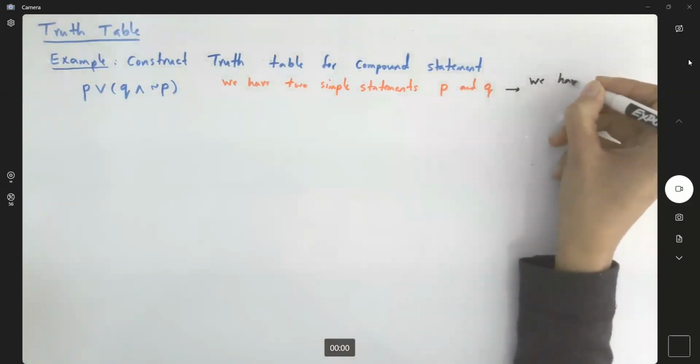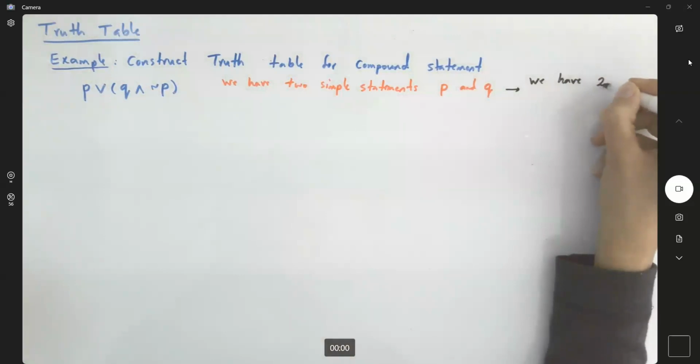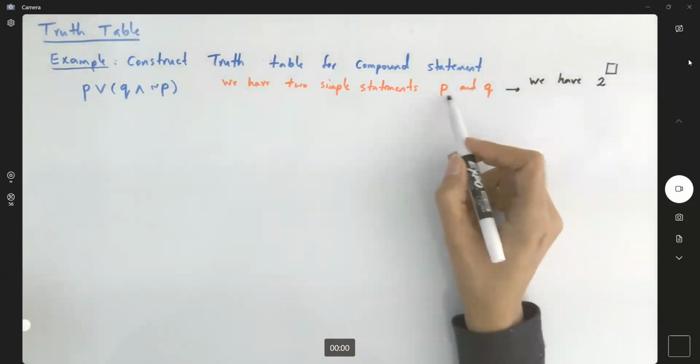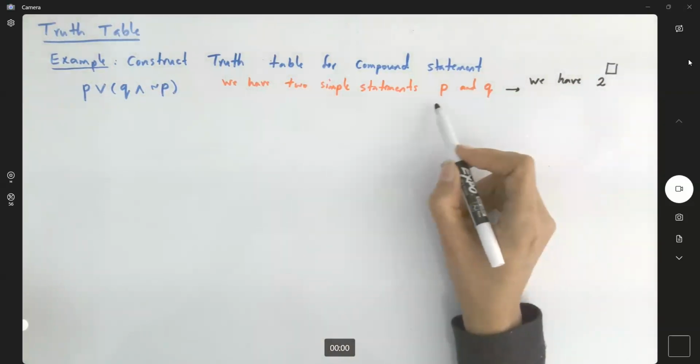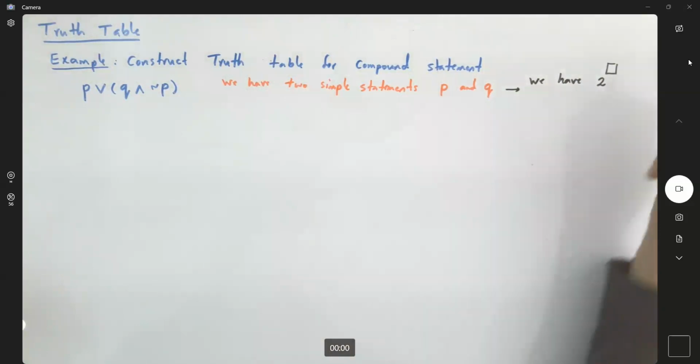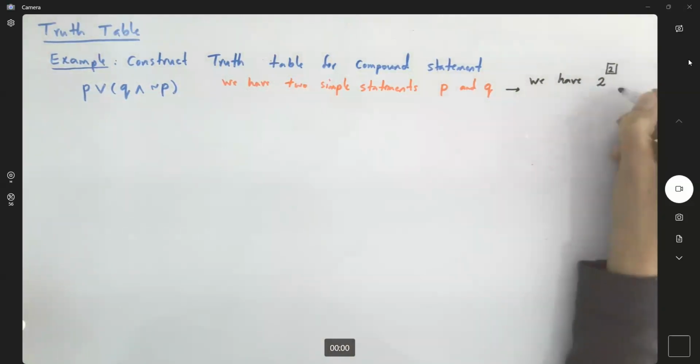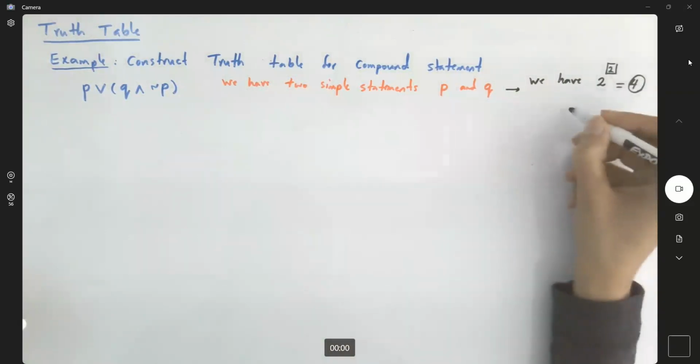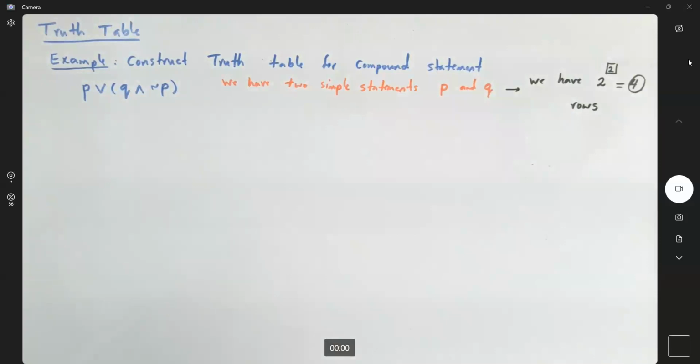We have 2. This number is fixed, and on the exponent, you're going to count the number of simple statements. 2 times 2, which is 4 rows. All combinations of P and Q. Okay, let us begin.